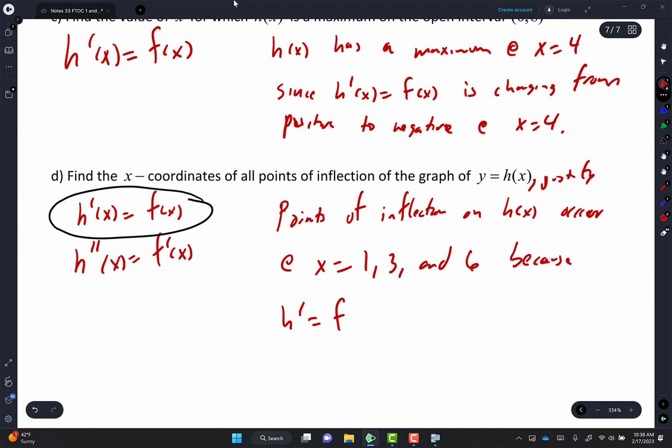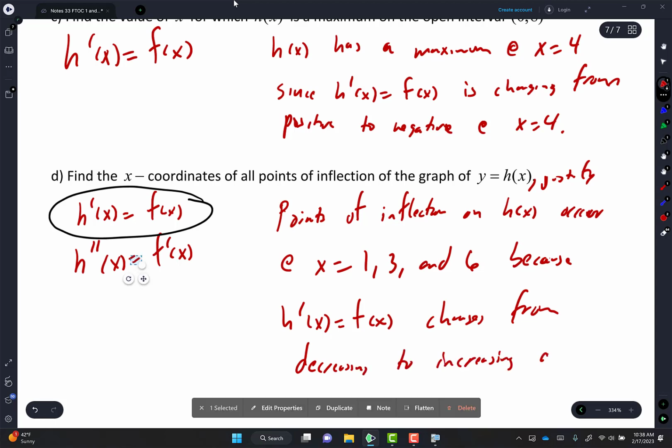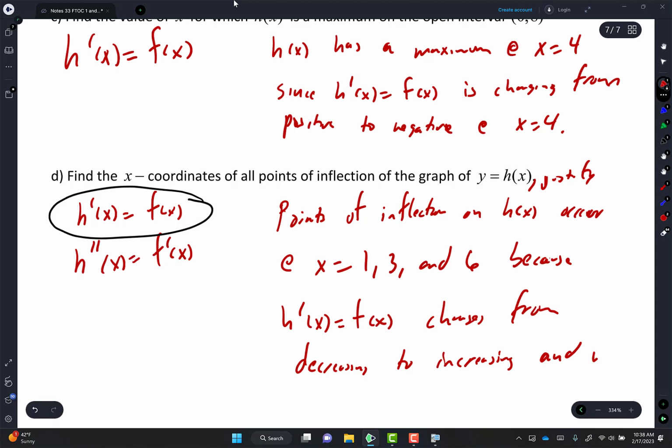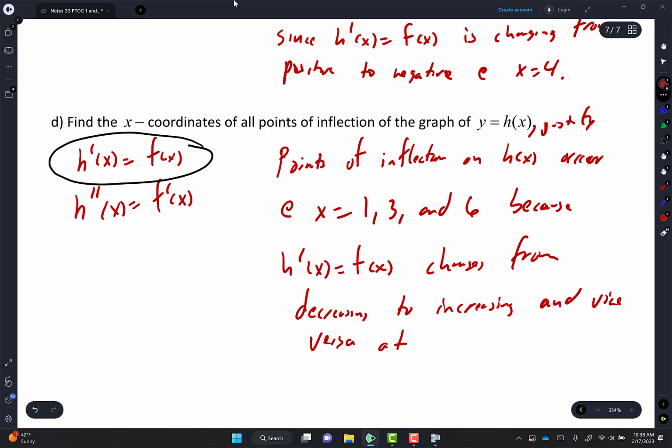I'm just trying to write fast, but I'll write it the proper way, because the professors will probably hate it otherwise. H prime of x, which equals f of x, changes from decreasing to increasing, and vice versa, at those specific x values. Period. Full credit.